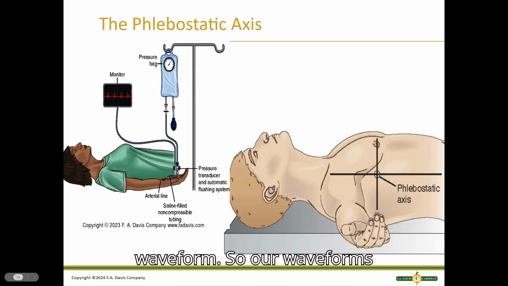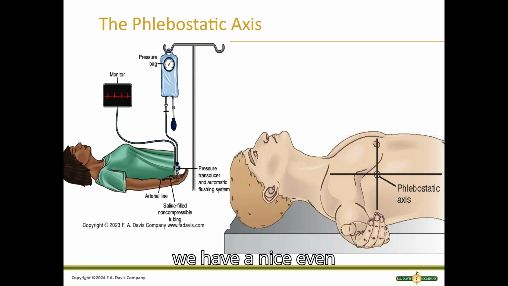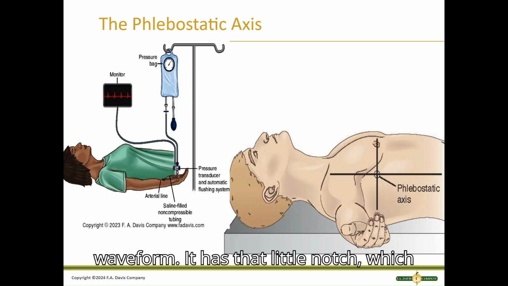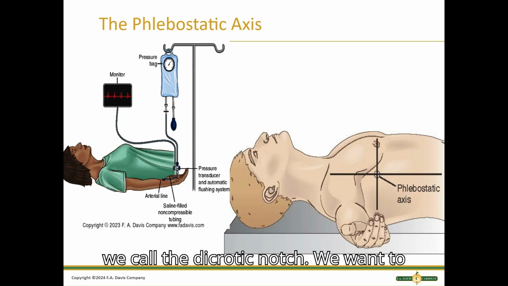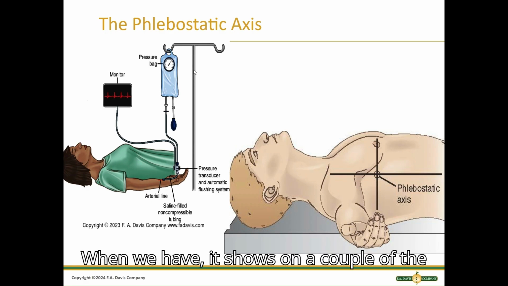This picture here is talking about your phlebostatic axis. So this is where we're looking at an arterial line with this picture, but we're also doing this as far as with our Swan-Ganz, with our arterial pressures. We want to make sure how we are setting them up.